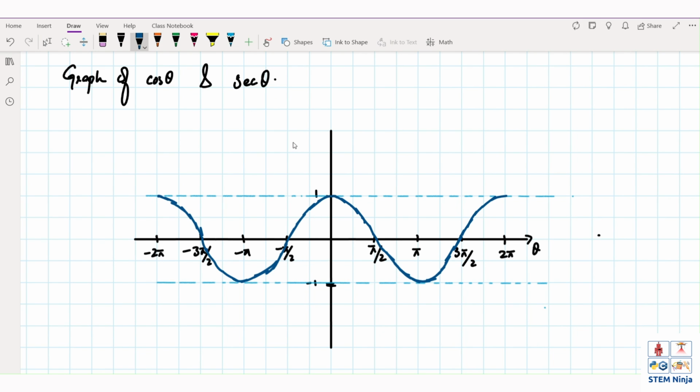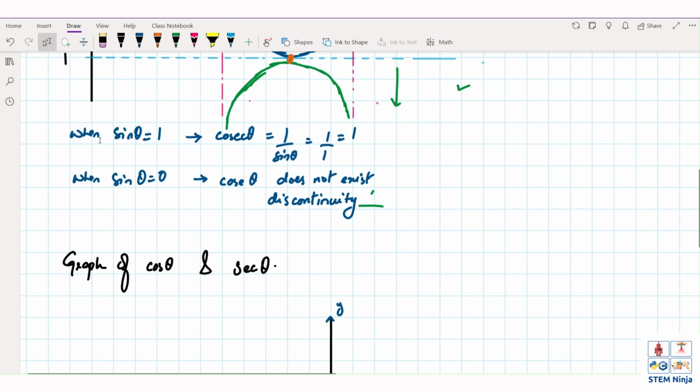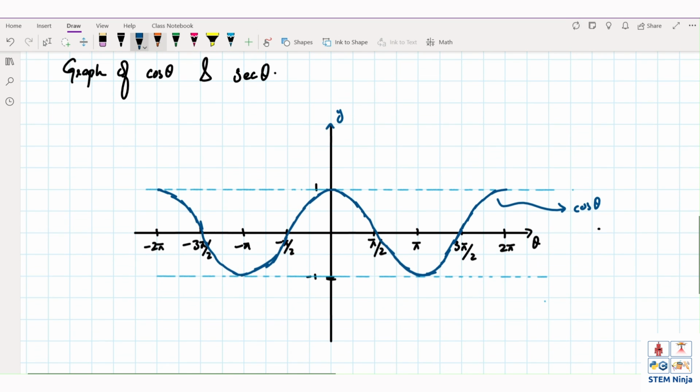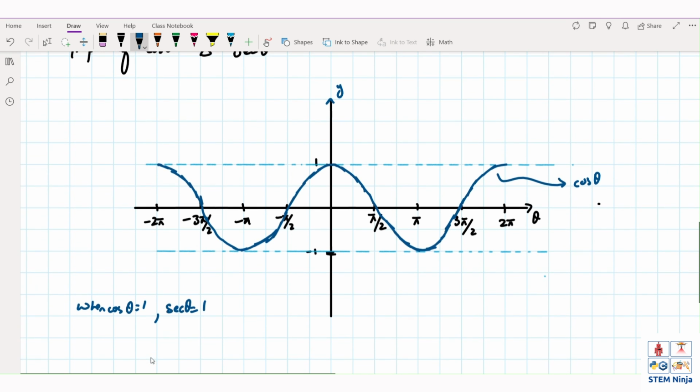Okay, so this is the graph of cosine, which we already know from P1 and from IGCSE also. Now the mechanics of secant theta is very similar to this. So when cosine theta is 1, secant theta, which is the reciprocal of cosine, will also be 1. And the same goes for -1.